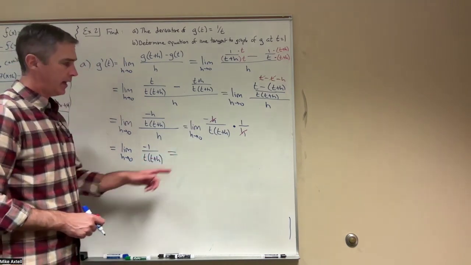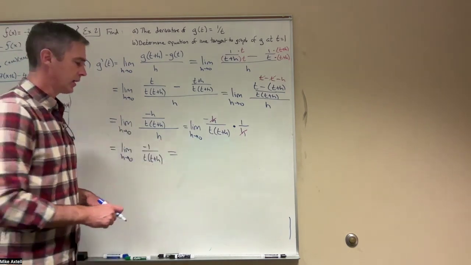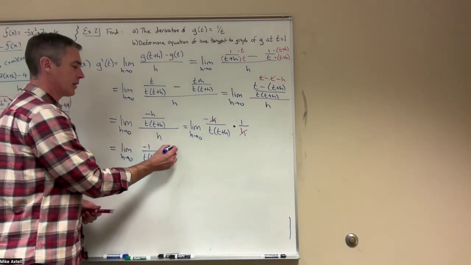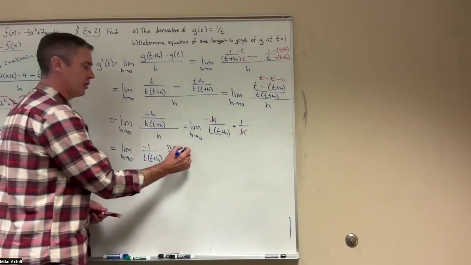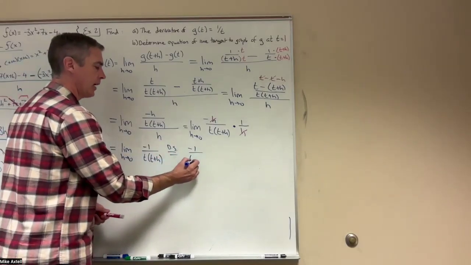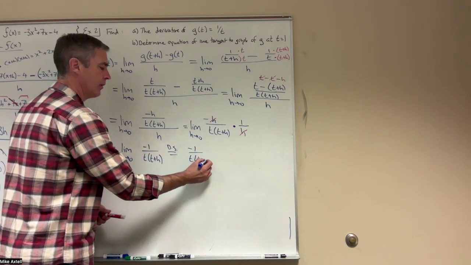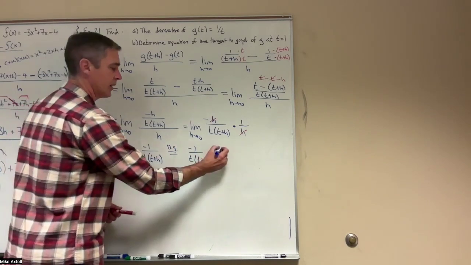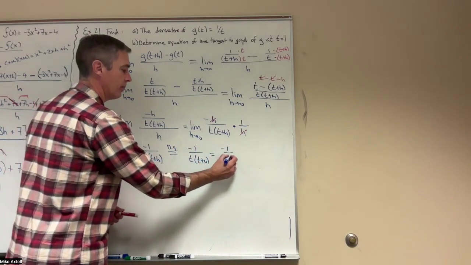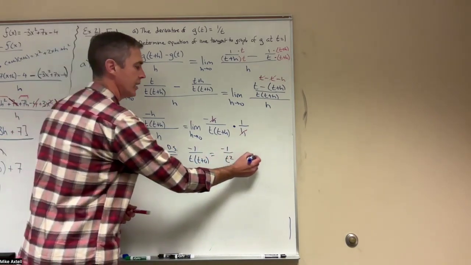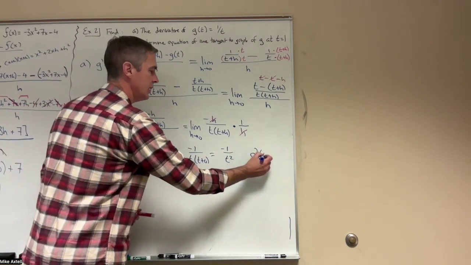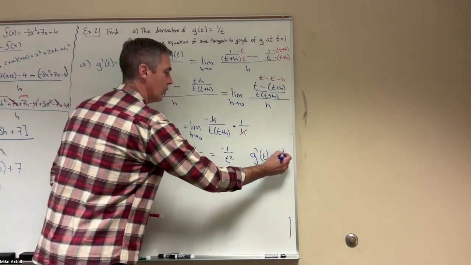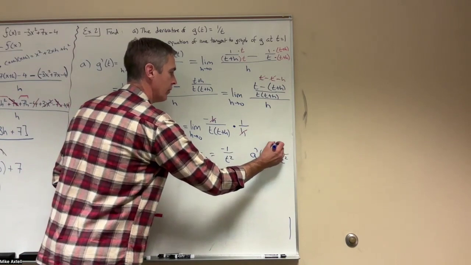And I've killed off the h that was preventing direct substitution, so I'll now try direct substitution, replacing h with 0. So I'd have t plus 0. T plus 0 is just t, so I have t times t. So I think I have negative 1 over t squared. So my derivative, g prime of t, is negative 1 divided by t squared.